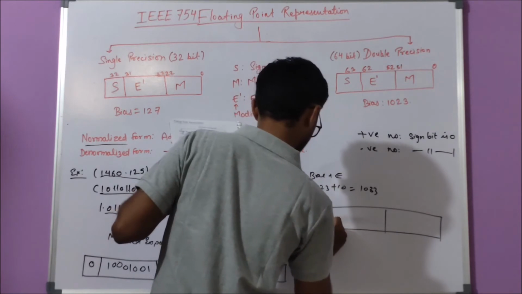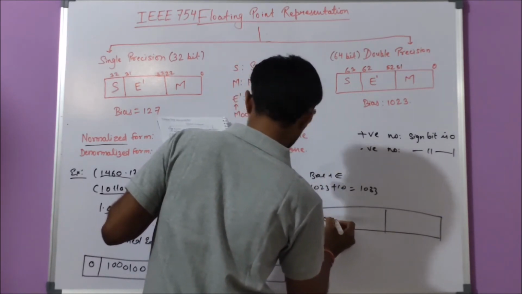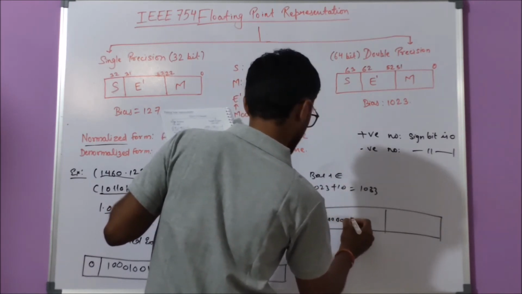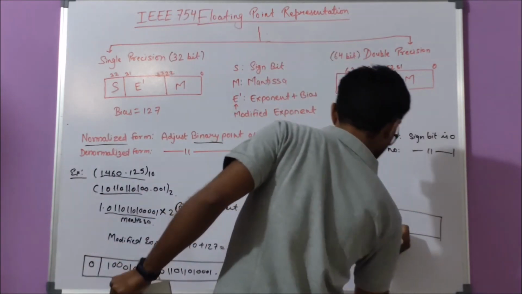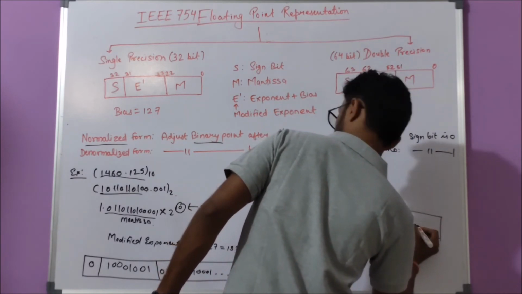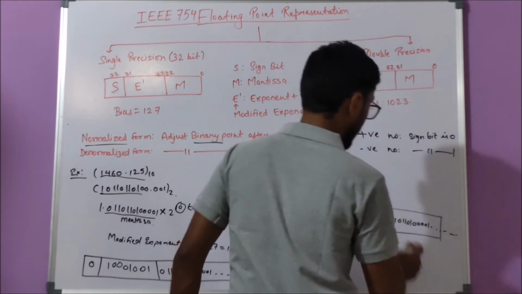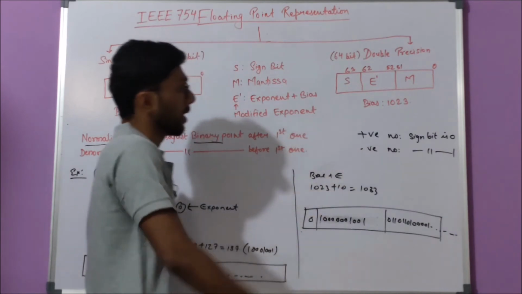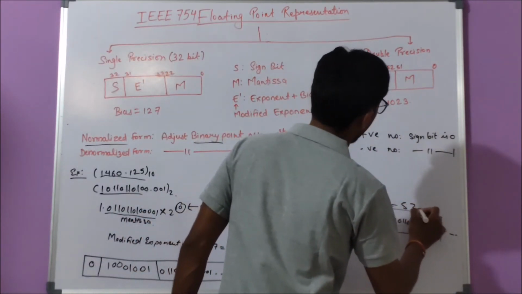So the final modified exponent in binary form is 1000, 6 times 0, 1001, and then this part 0 1 1 0 1 1 0 1 0 0 0 0 1, and it will be equal to 52 bits. After that there will be a number of zeros so that the total is 52 bits long.